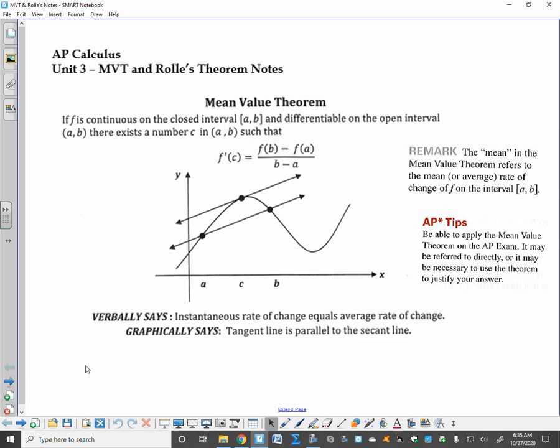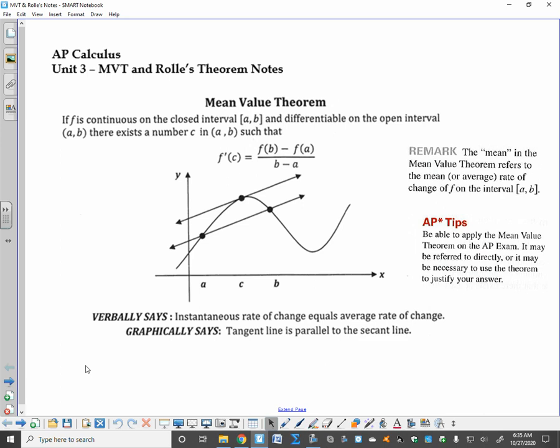Okay. Here's what the mean value theorem states. Number one, f has to be continuous on the closed interval a to b, and it has to be differentiable on the open interval a to b.